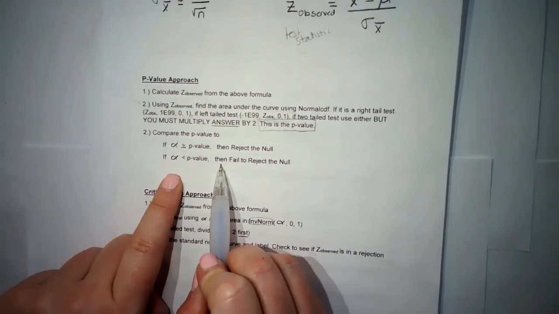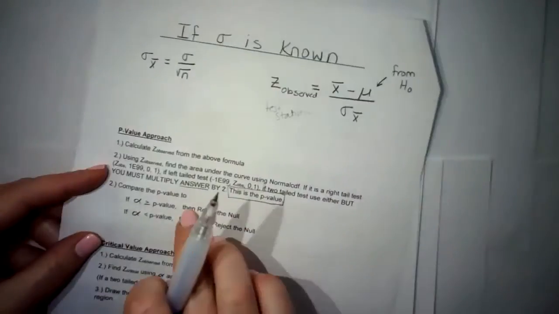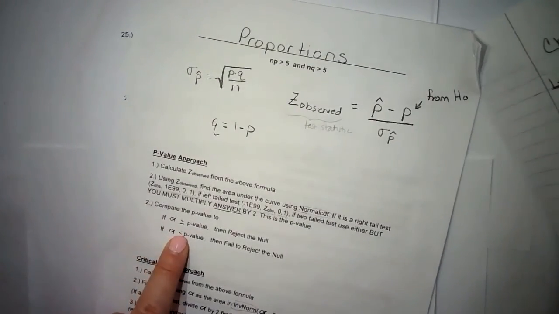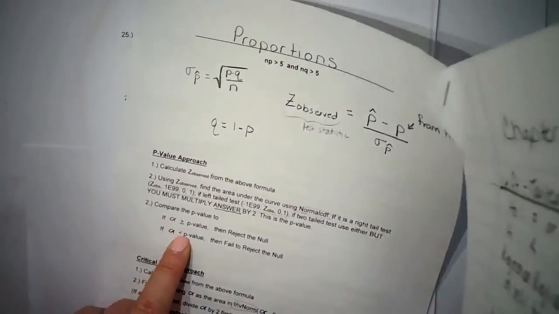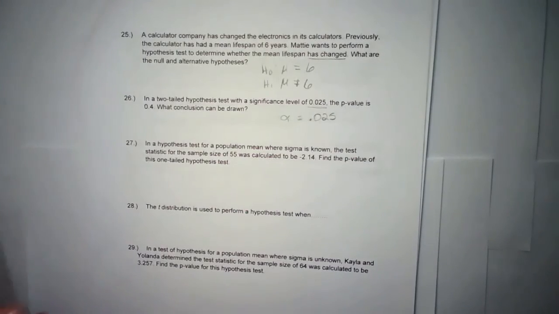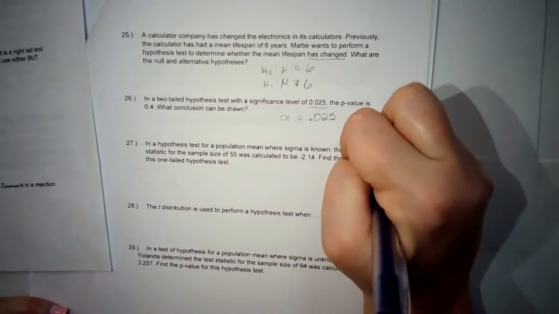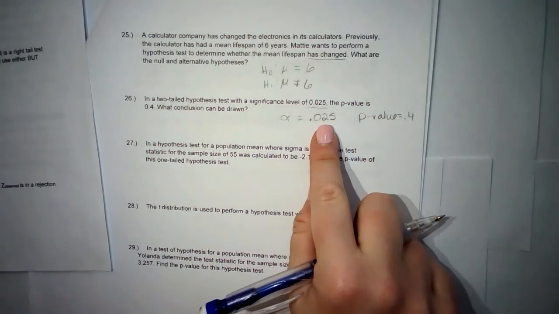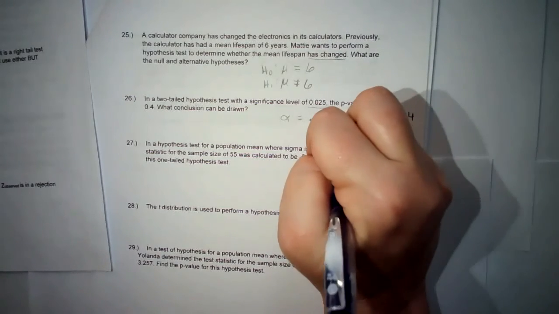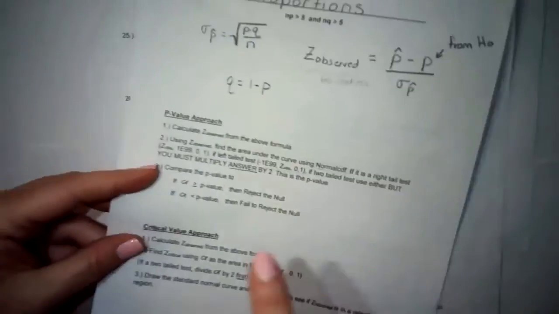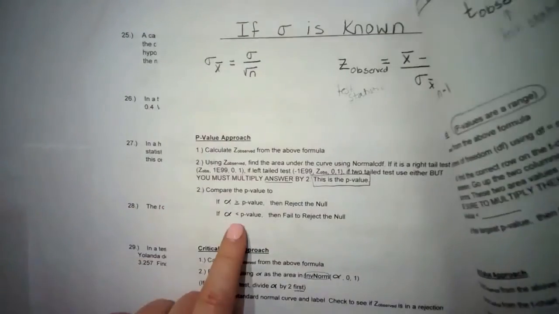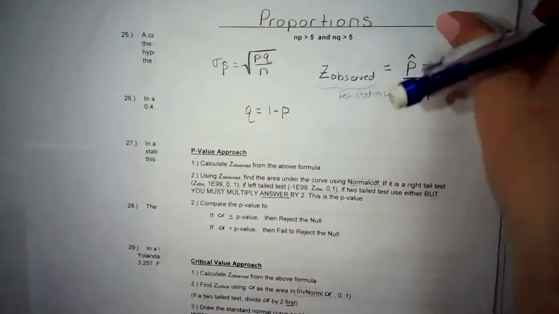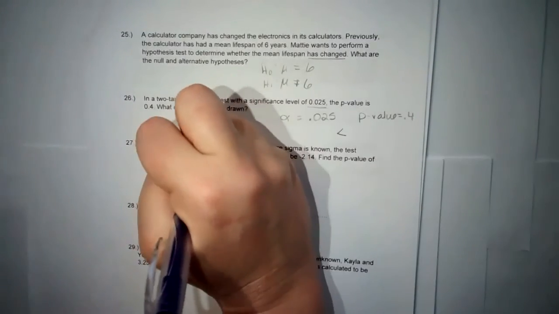If it's less than the p-value, fail to reject. It's that way on every single test, proportion, sigma known, sigma unknown, they're all the same. So just turn to any of those tests and compare them. Okay, so my p-value is 0.4. Is alpha bigger or smaller? It's smaller. And we know if alpha is smaller, and it doesn't matter which test we choose, we are going to fail to reject the null.